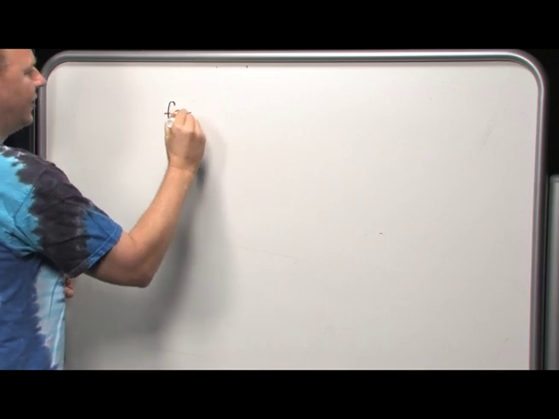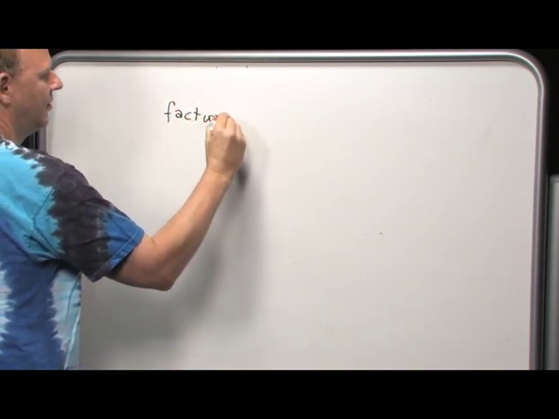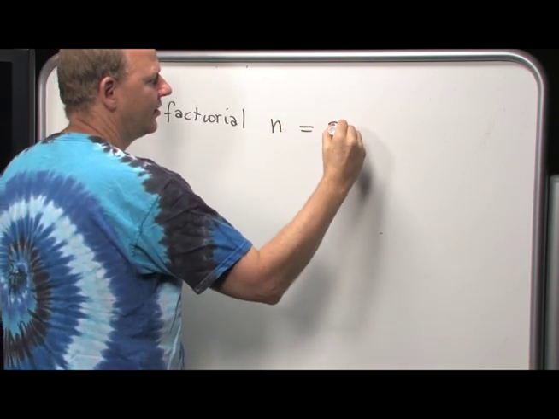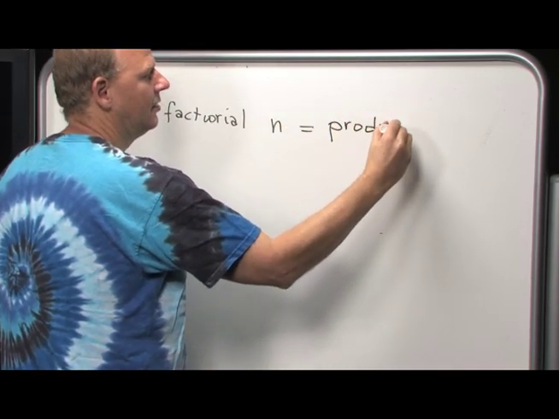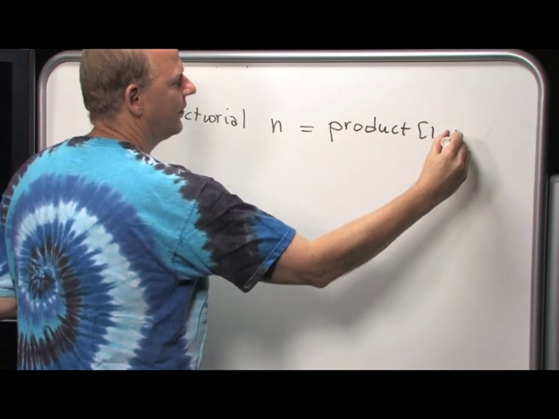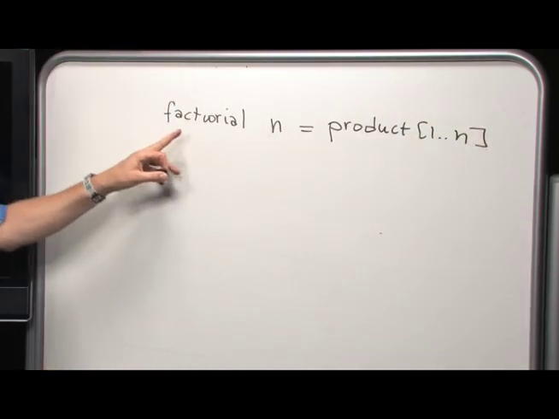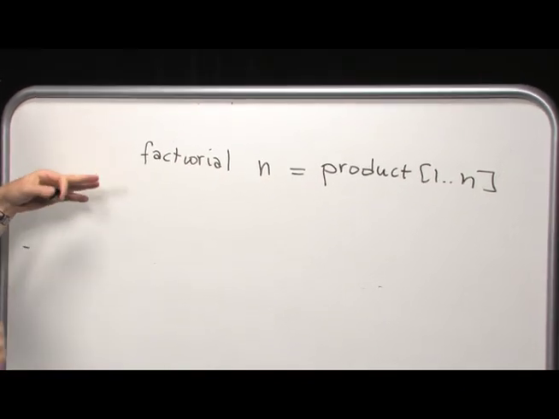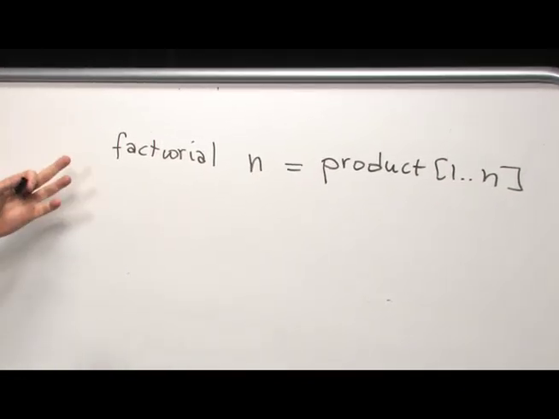If I write factorial of n equals product of 1 to n, remember that I didn't tell you that this was a function definition, so I didn't write function or anything.